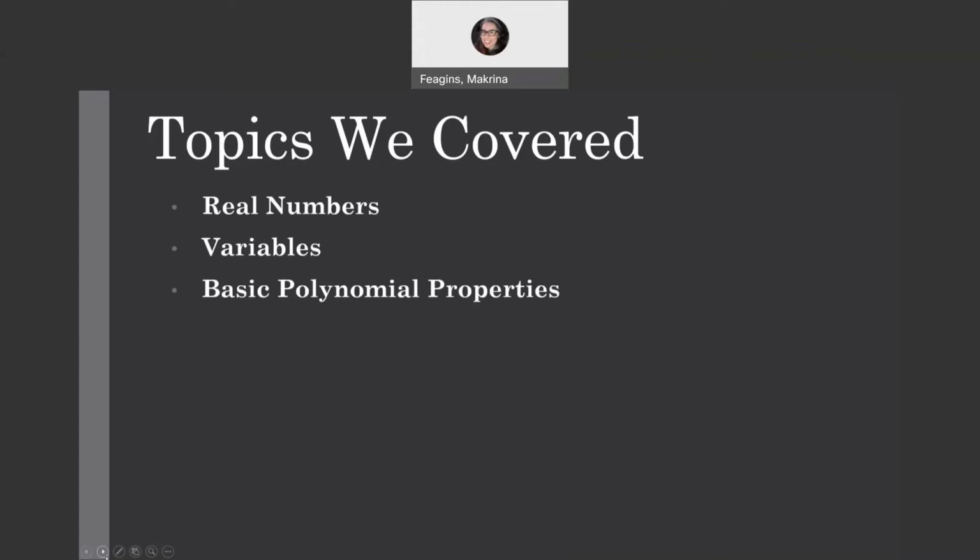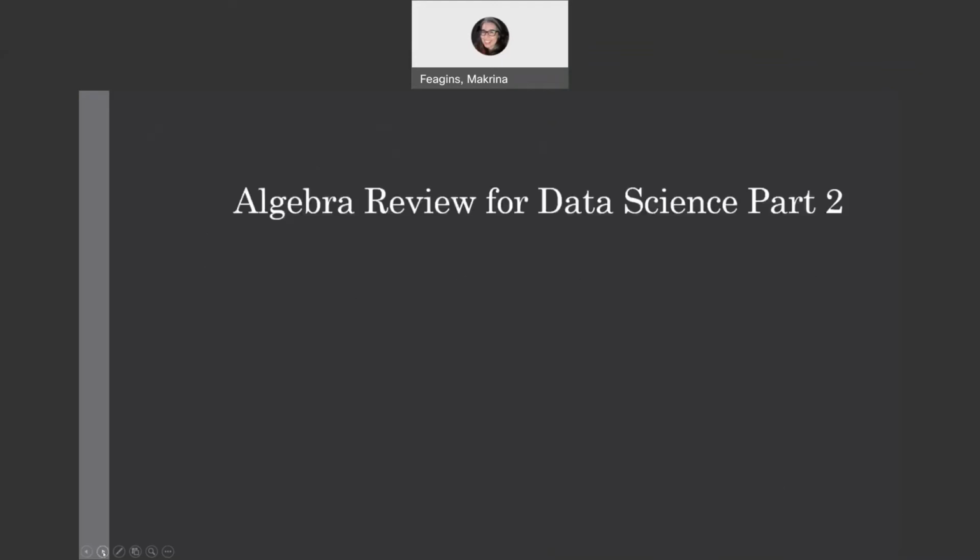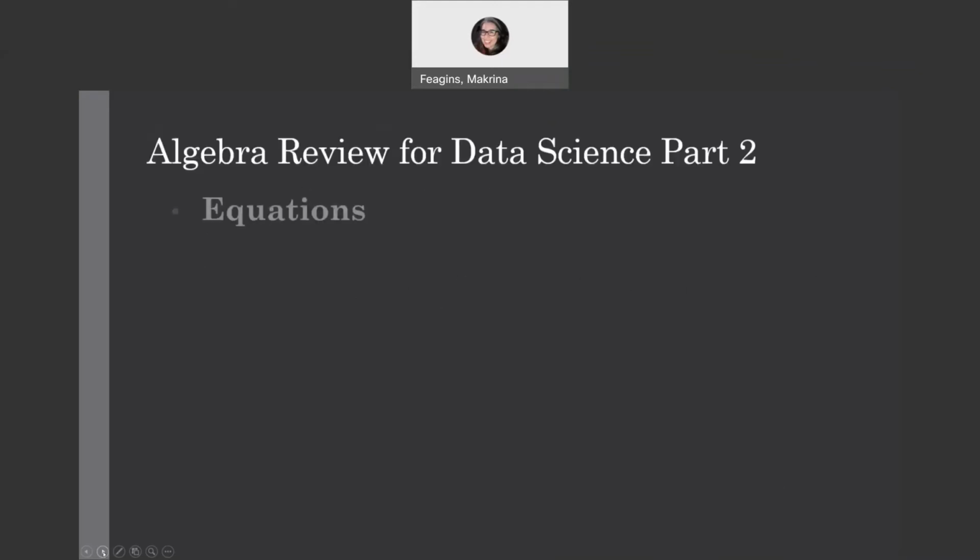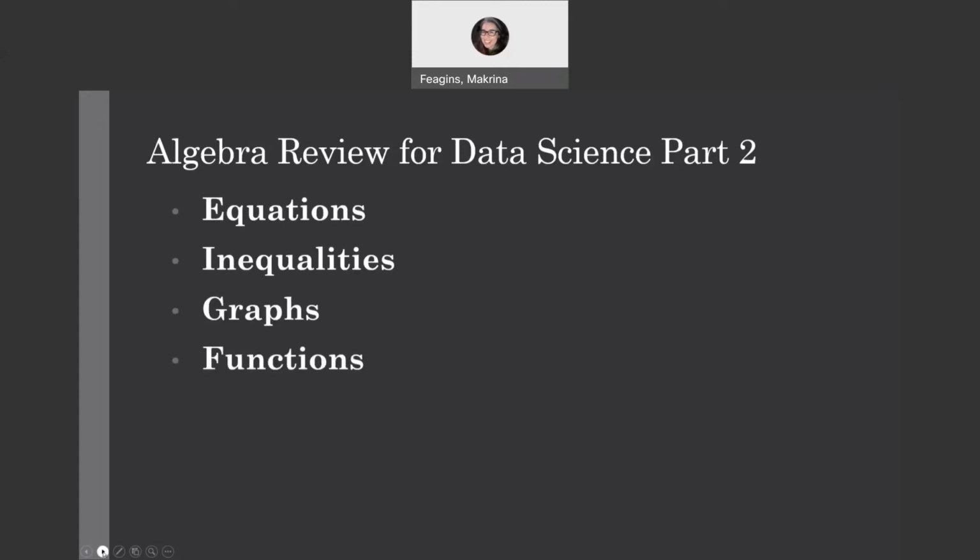We work with the basic polynomial properties, and once we do part two, we're going to be going into more examples. In part two, we'll pick it up right here with equations. We'll talk about inequalities. We'll talk about graphs, functions, series, and sums. So as you can see, the topics are progressing into more difficulty, but you got this.